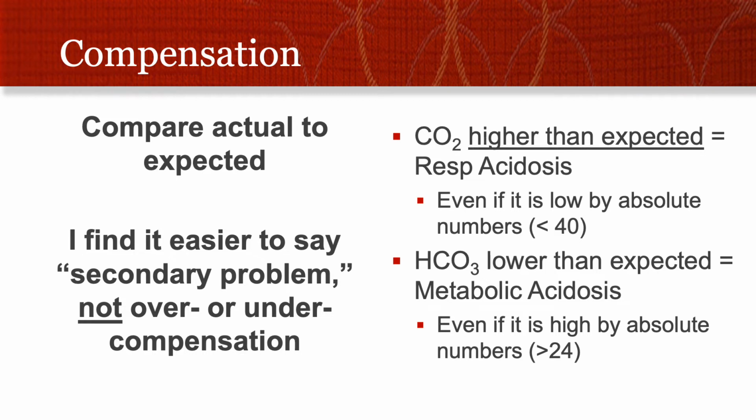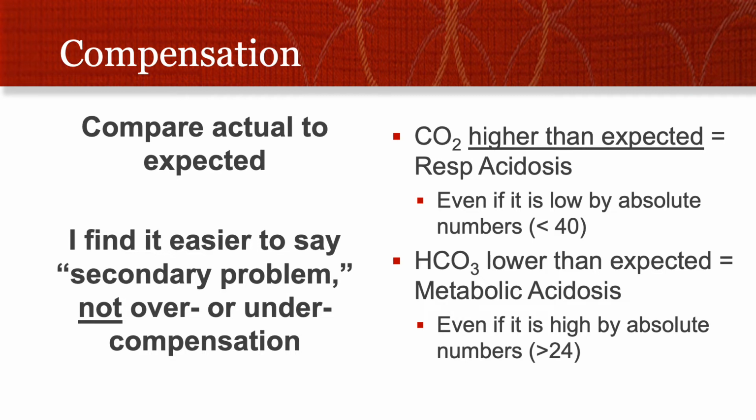When I talk about compensation, I find it much easier to say that there is a secondary problem, not that a patient is over or under compensated. As an example, if the CO2 is higher than it should be by your compensation ratio, you have a respiratory acidosis. And that is even if the absolute value would suggest a respiratory alkalosis.